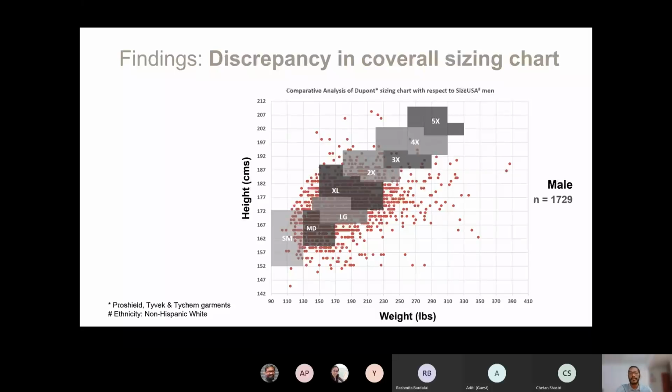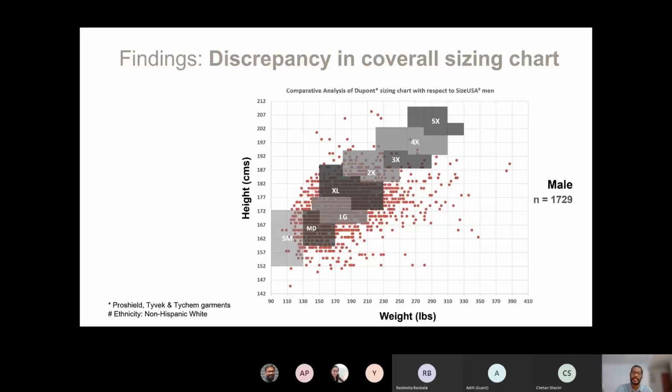In order to study this data, I used the Size USA data. The Size USA data is a commercial human anthropometric population data for the US population. It comprises around 6,000 female and 3,000 male population.